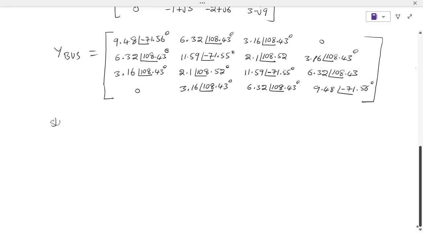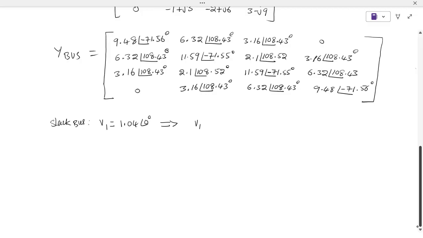First, slack bus data. What have they given for the slack bus? The slack bus is bus 1, the first bus. They have given the voltage value 1.04 at an angle of 0 degrees. This will be the same for all the iterations, because the slack bus is a common reference bus.